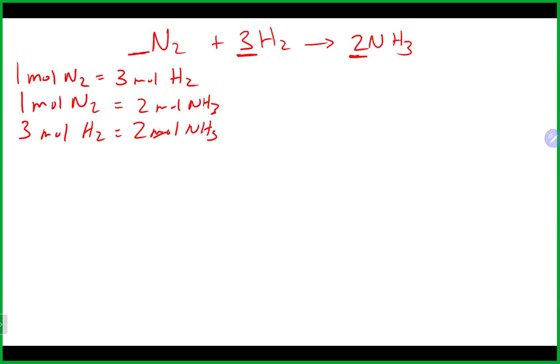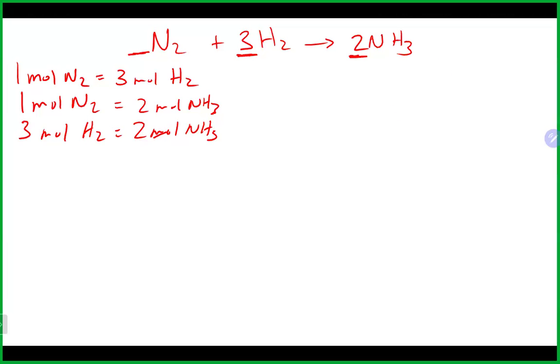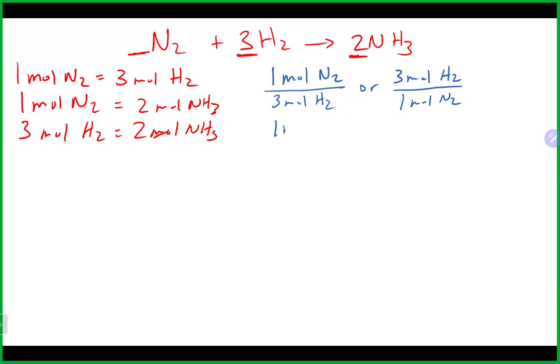So these are equalities, which means from this one equation, we really have several different types of conversion factors. We could say 1 mole of N2 over 3 moles of H2. We could do it the opposite way, 3 moles of H2 over 1 mole of N2. For the second one, we could say 1 mole of N2 over 2 moles of NH3, or 2 moles of NH3 over 1 mole of N2.